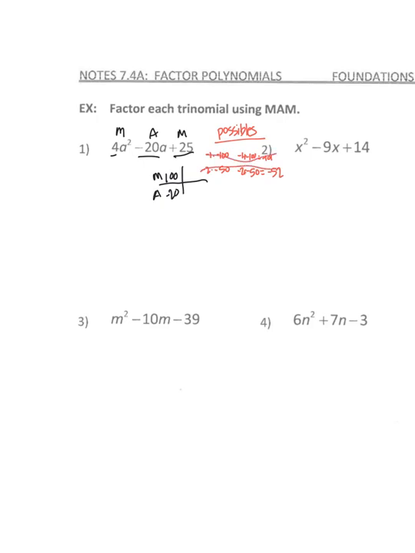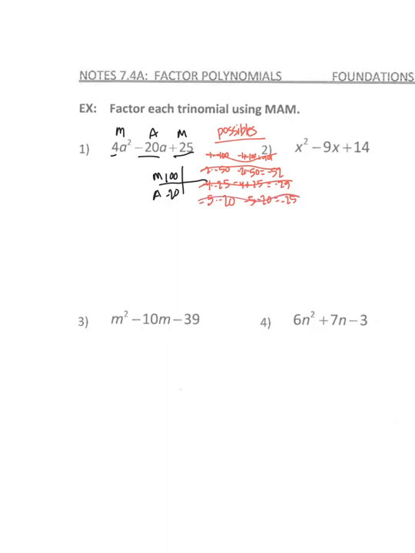Let's see, 3 does not go in evenly, 4 does. We'd have negative 4 times negative 25. Negative 4 plus negative 25 gives me negative 29. Not what I'm looking for. Negative 5 times negative 20 gives me negative 25.